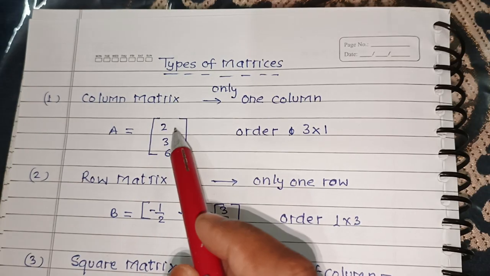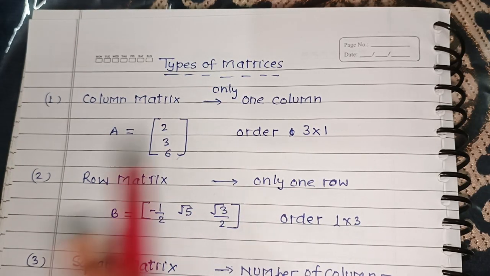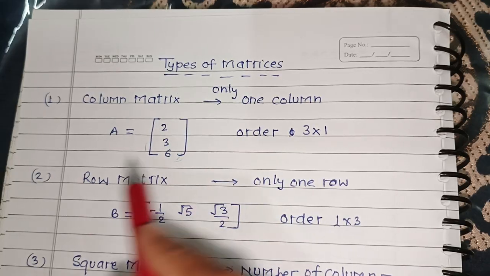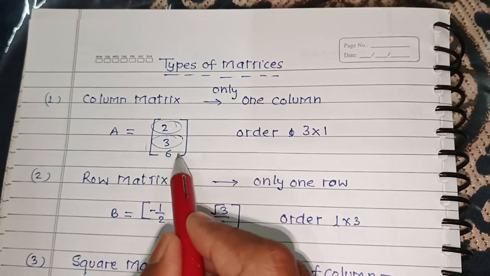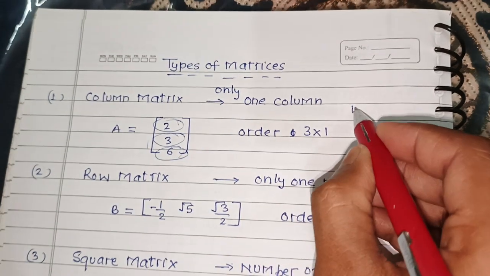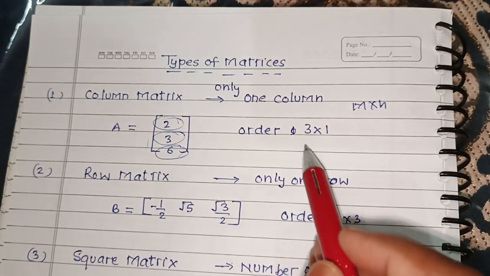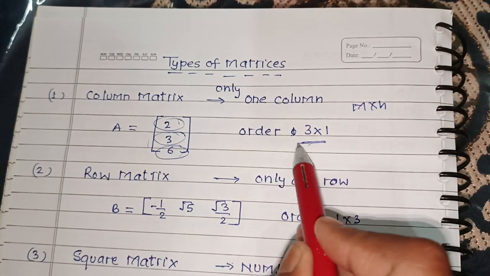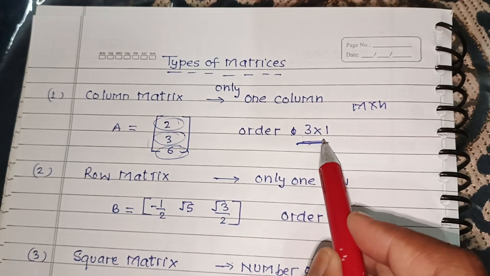You can see here is only one column and rows are three, first, second, third. So column is 1, so we write m into n, right? n is column, so what will be the order of this matrix? This is 3 into 1.